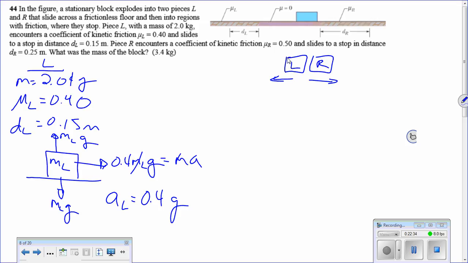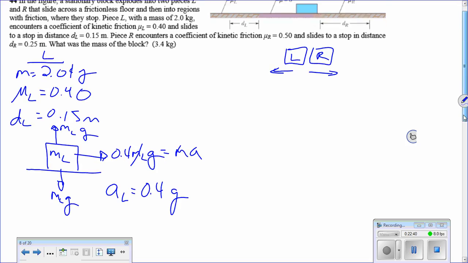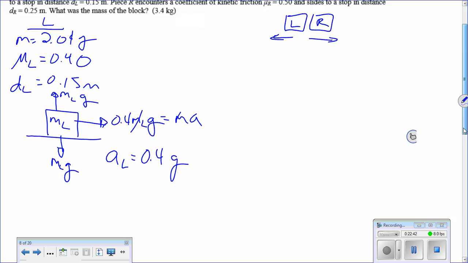Okay. All right, so is everybody okay up to here? Okay, so the next thing I want to do is use some kinematics equations to find the velocity it had at the start of the time it began slowing down. It's sliding this way with some initial velocity, and then it's going to have a final velocity of 0 after it stops.